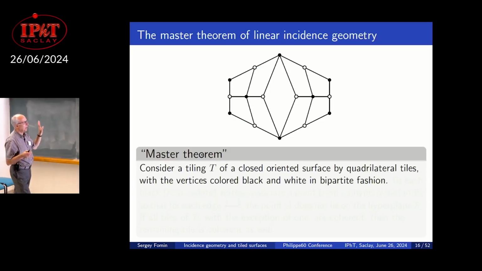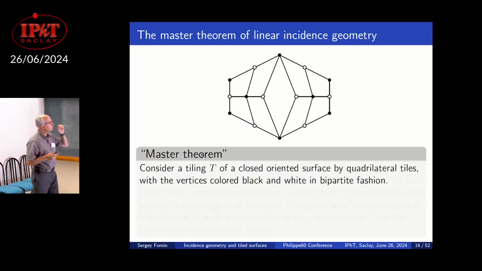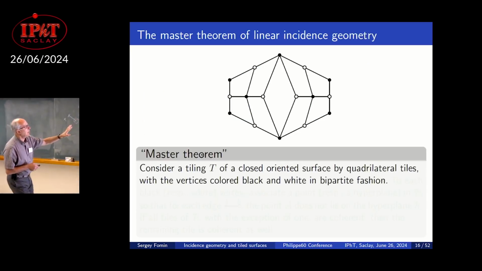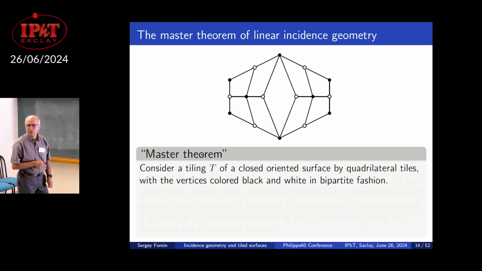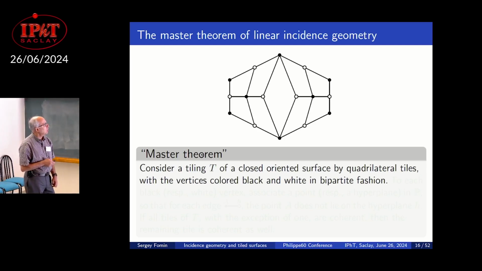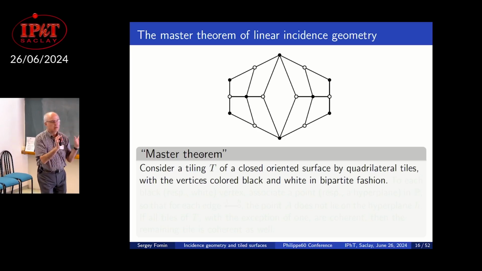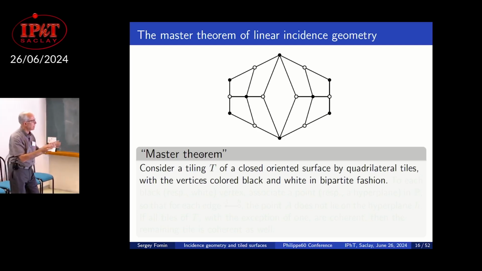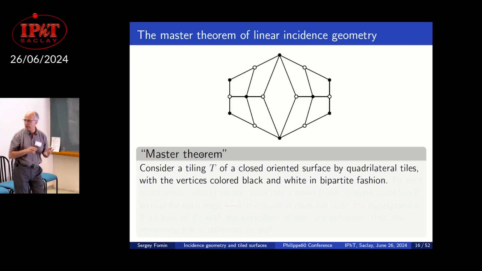Now the theorem comes. Master theorem. Start with a tiling. This is a tiling of a torus. Looks like a hexagon, but you're supposed to glue its opposite sides to each other, left to right, this to this, this to that. Then it closes up into a torus, right? So consider a tiling of a closed oriented surface by quadrilateral tiles, vertices colored black and white, like I told you before.